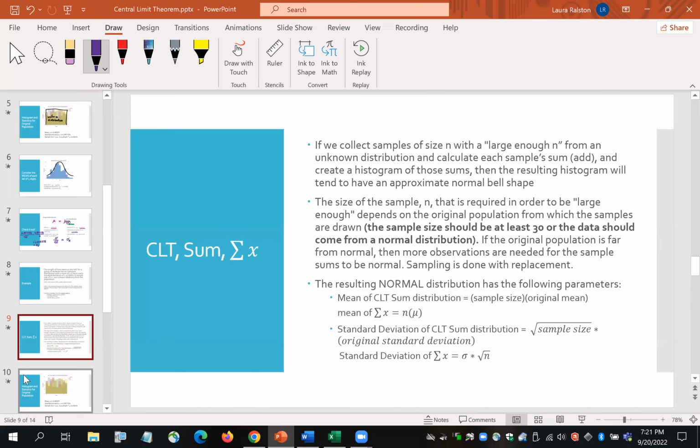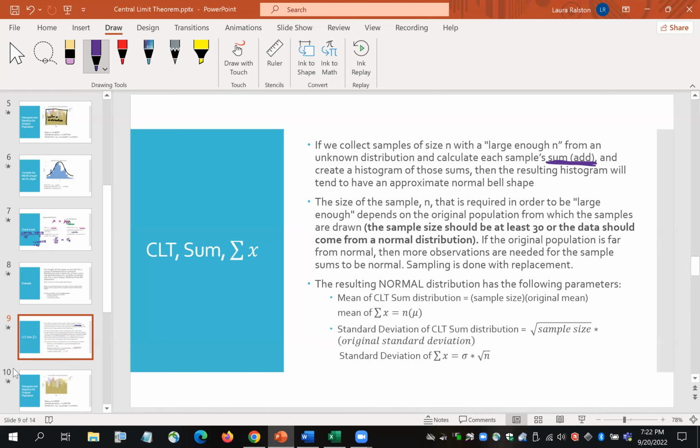It says if we collect samples of size n with a large enough n from an unknown distribution and calculate each sample's sum instead of the mean. And the word sum, if you don't remember, means to add. And then create a histogram of those sums. The resulting histogram will tend to have an approximate normal bell shape.